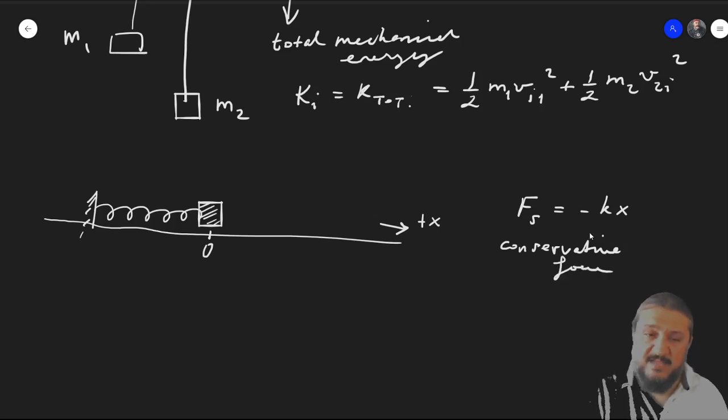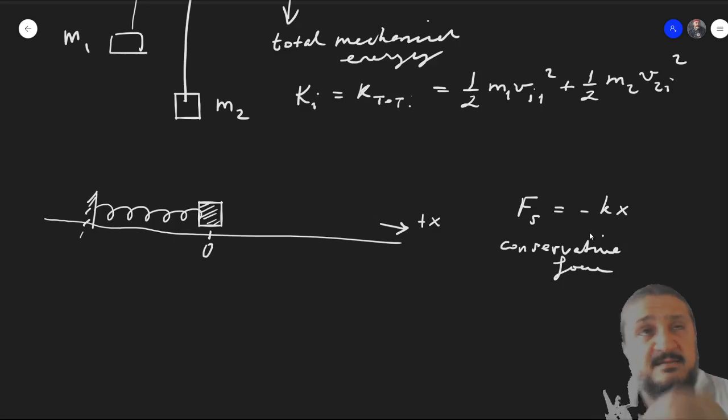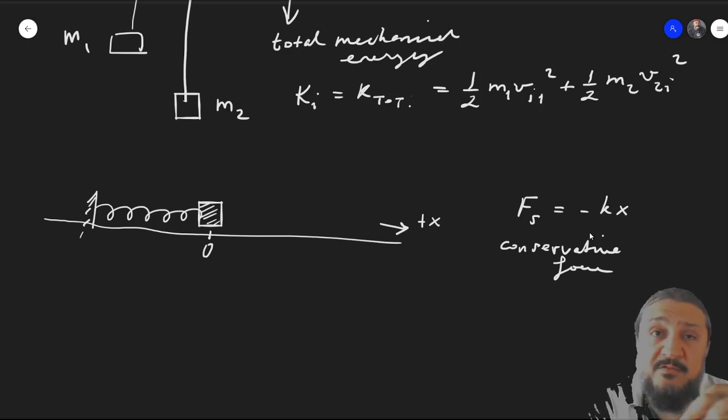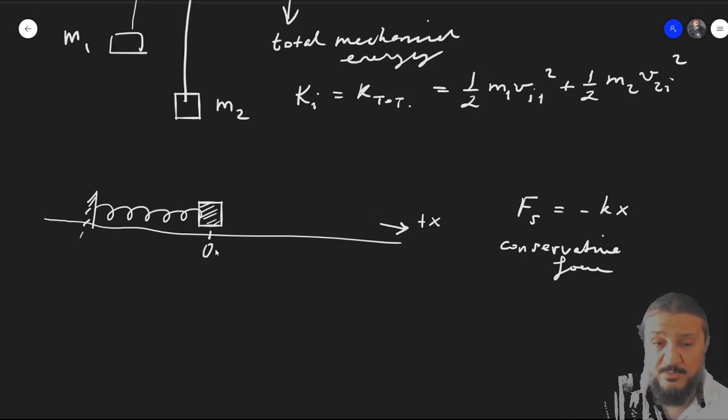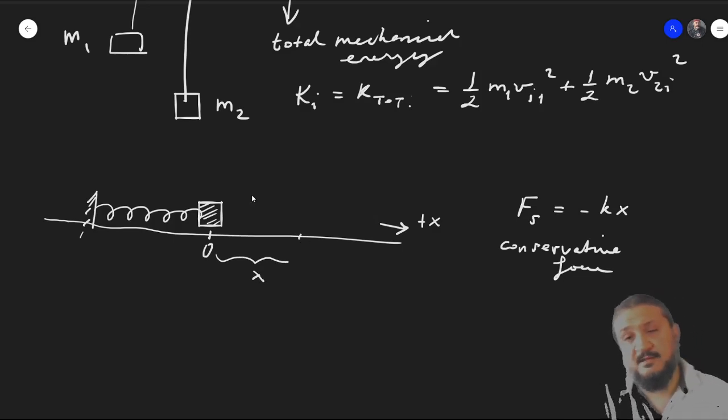It kind of acts like gravity in the sense that the work done by the force will be independent of the path. But there's a difference, obviously. This force depends on distance from the equilibrium point, right? Whether right or left.